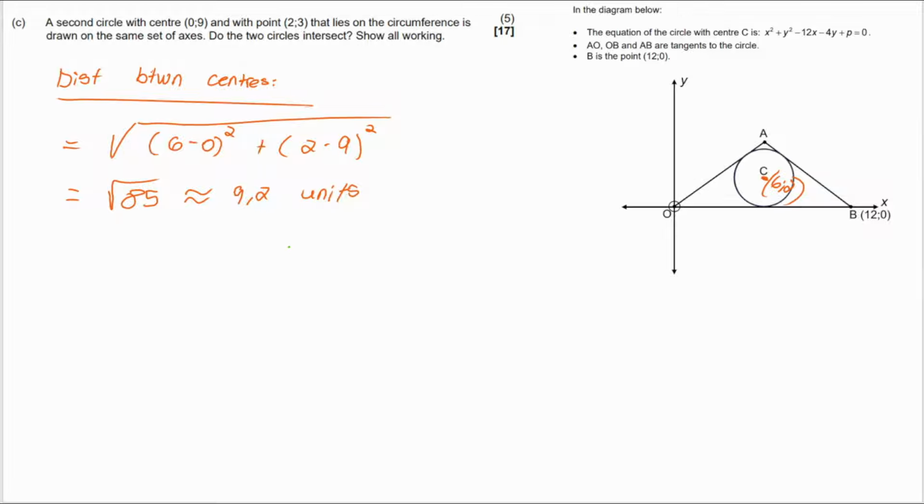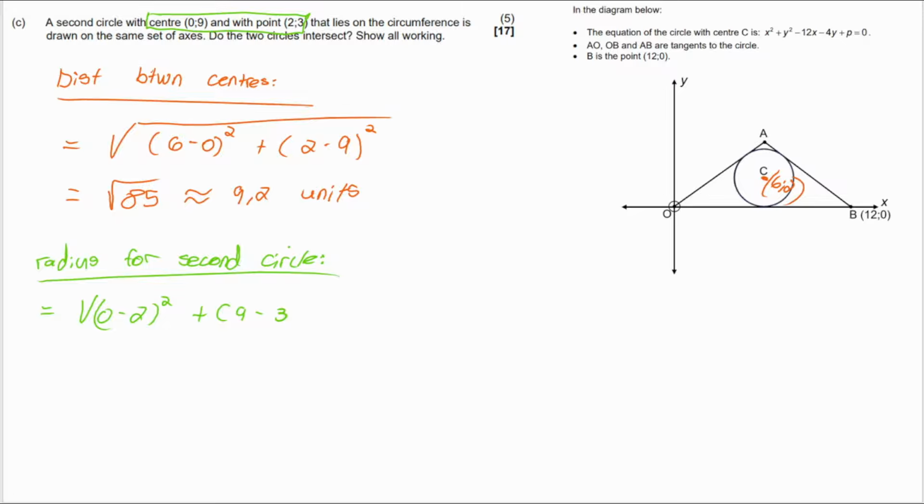Now we have to find the sum of radii. The problem is they haven't told us the radius of the second circle, but we can get it by doing the distance formula between the center and this point on the circumference. So the radius for the second circle is the square root of (0 minus 2) squared plus (9 minus 3) squared.